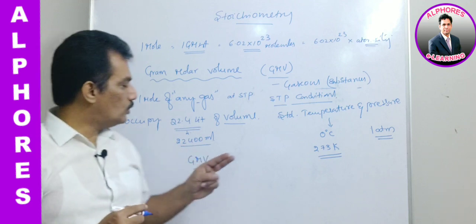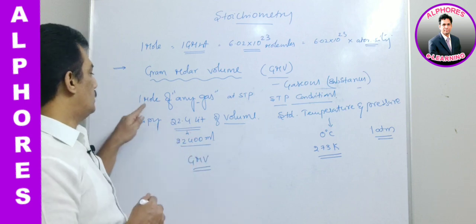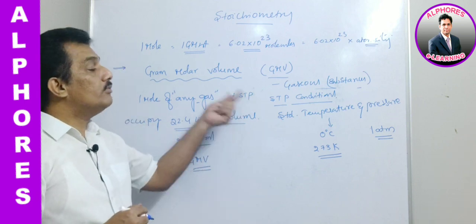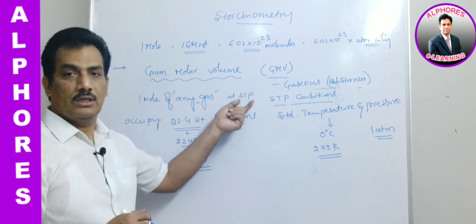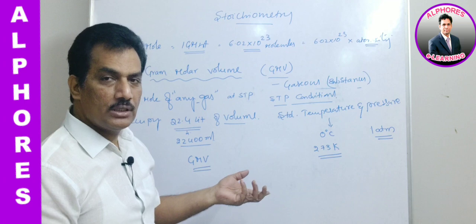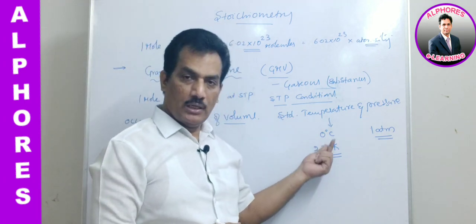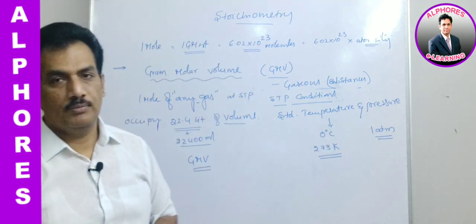Here we have to observe two conditions. The gas should be 1 mole, and the volume should be measured at standard temperature and pressure conditions. Standard temperature is 273 Kelvin, which is 0 degree centigrade, and pressure is 1 atmospheric pressure. Clear?